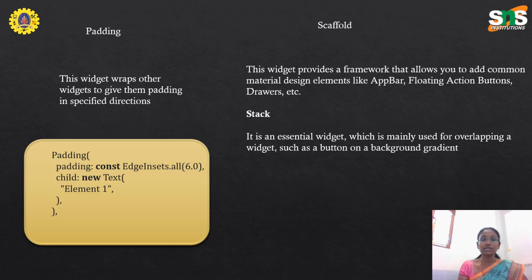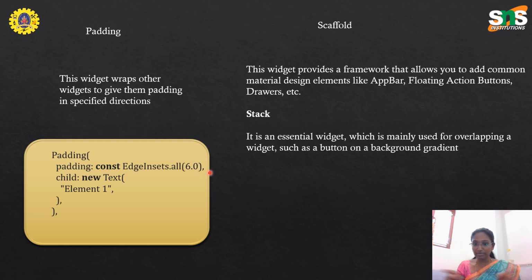Next one is the padding. What is meant by padding? Padding is the specified direction in my row and column. That is called padding. It is where I place my row and column, the edges on the padding side. How is it created? You always create the padding, then padding colon, constantly using EdgeInsets.all 6.0.